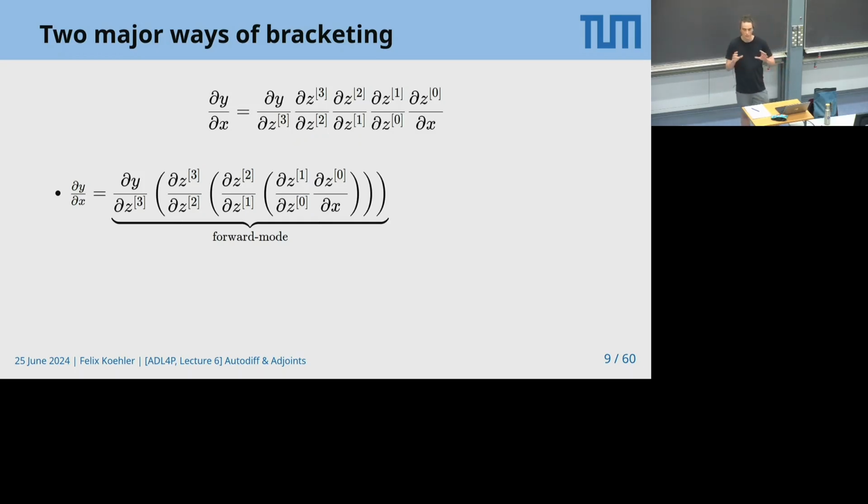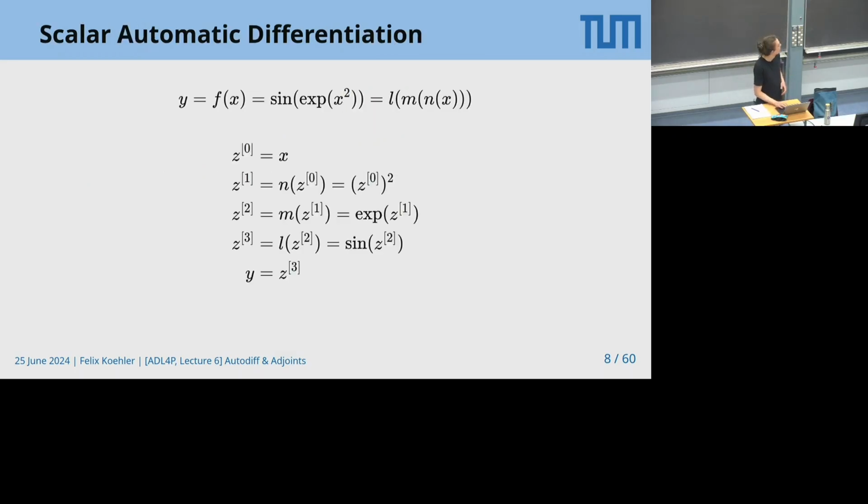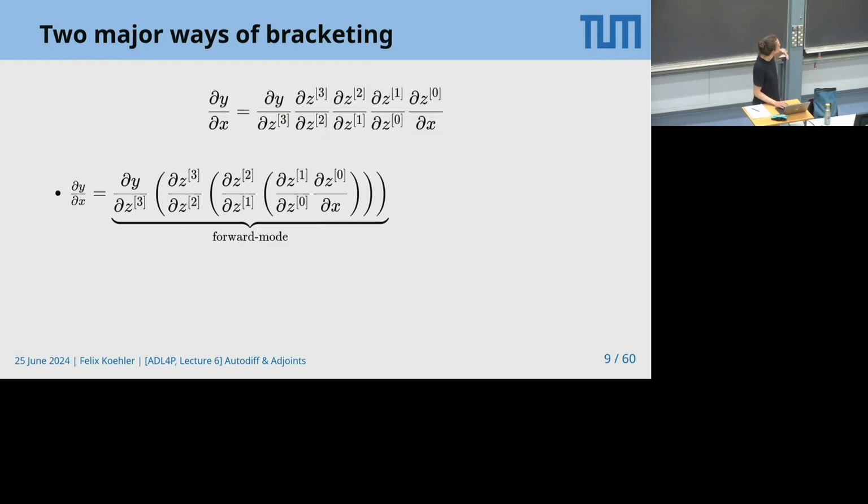So in order to distinguish the two, I want to call the original execution, where I just give you an x and you give me the y, the primal execution. And the corresponding execution for forward mode, you could call the forward pass, sometimes also called the tangent linear pass, but there are a lot of names out there. But just to make that clear here.